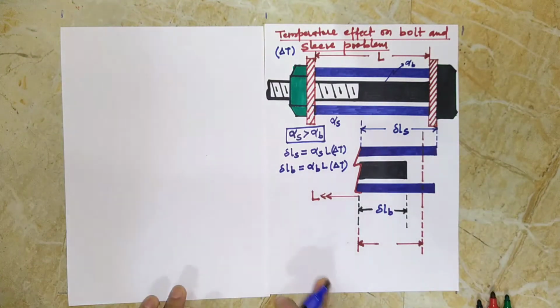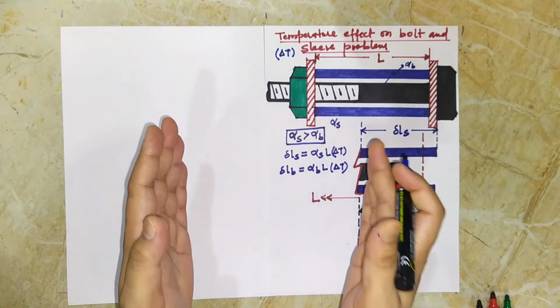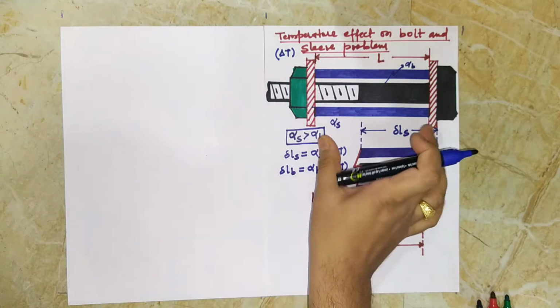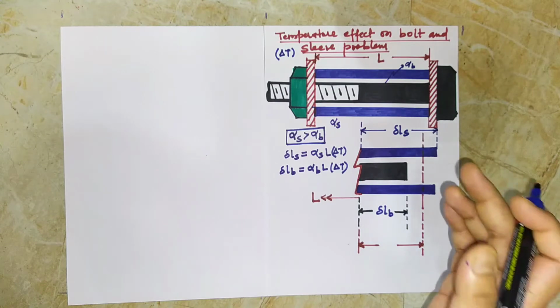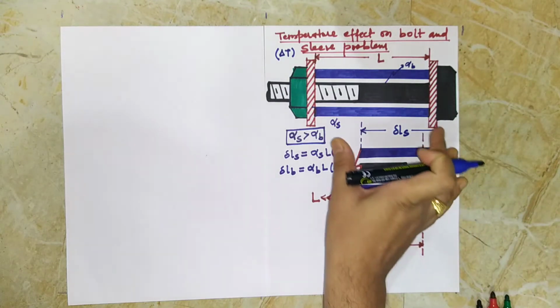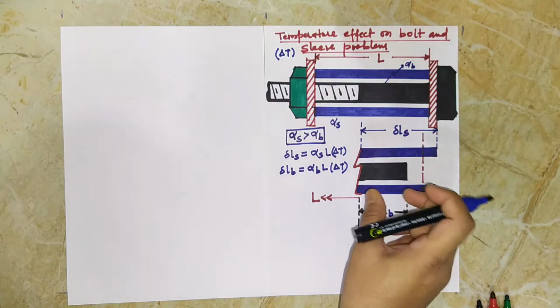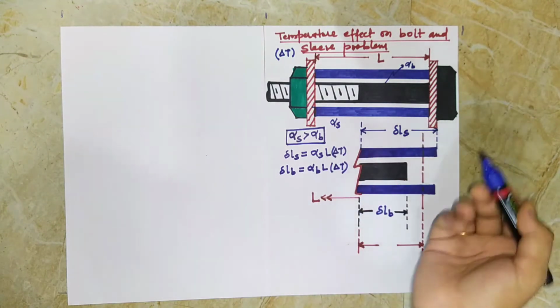I told you that thermal stresses do not develop while the body is free to expand. Only when it is held together or stopped from expanding will thermal stresses develop. These two have different coefficients of thermal expansion and would expand differently if set free, but they are held together by these two stoppers and are not free to expand. So obviously thermal stresses will be set up.